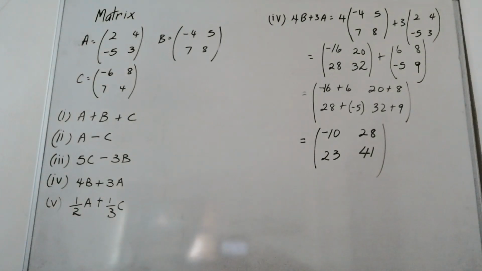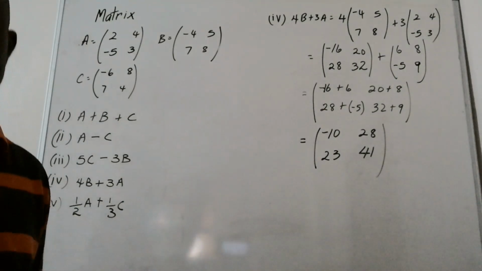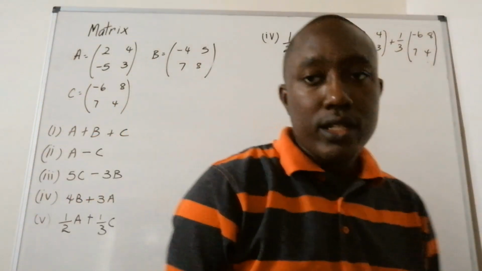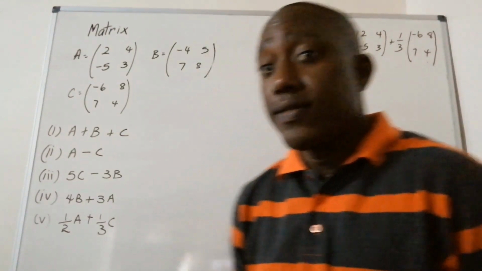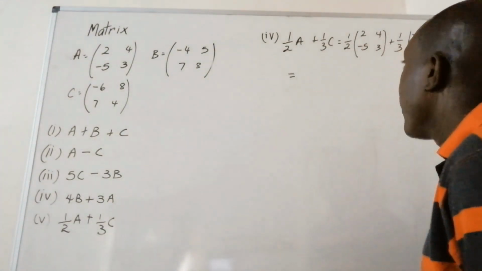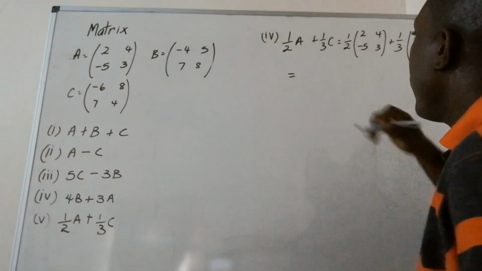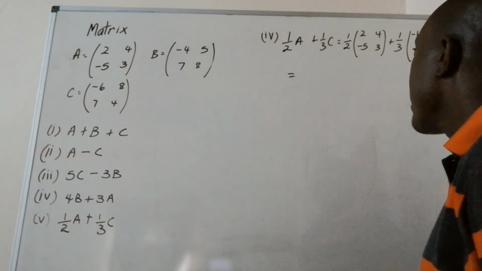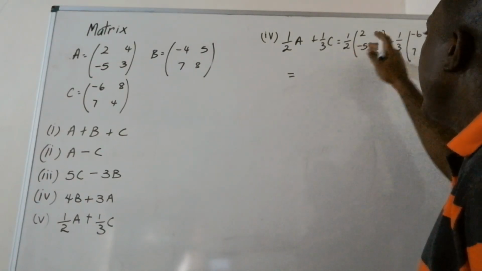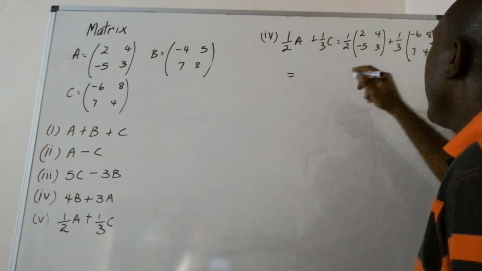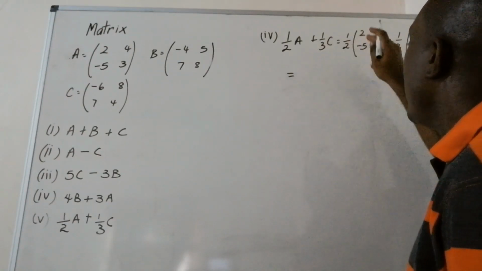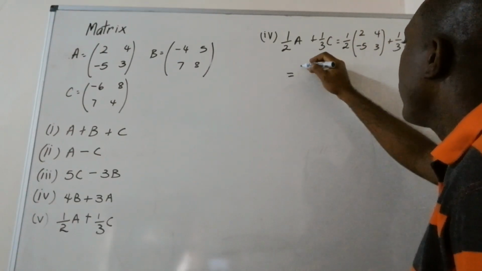Half A plus 1/3 C. Alright, so let's try the final example. So half A plus 1/3 C. So remember, we multiply each element in the matrix A by half.